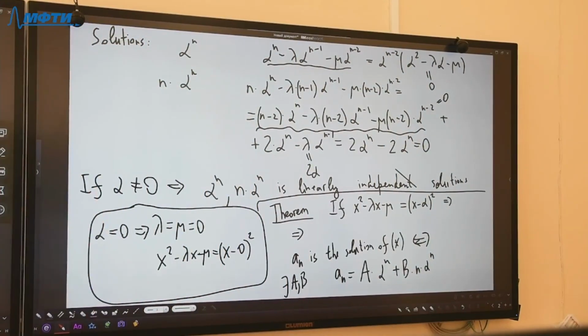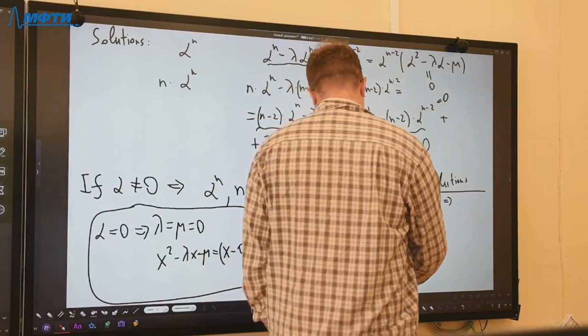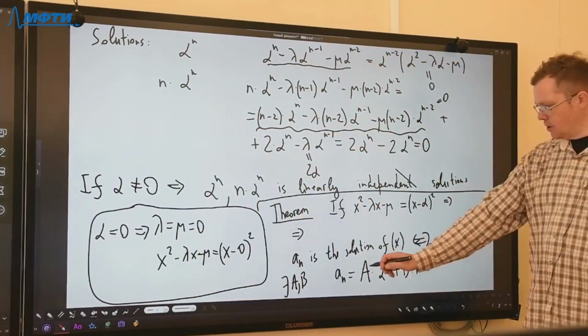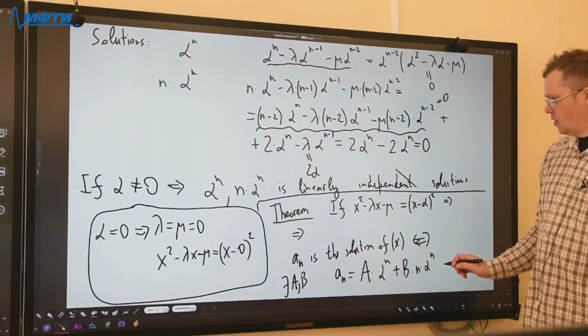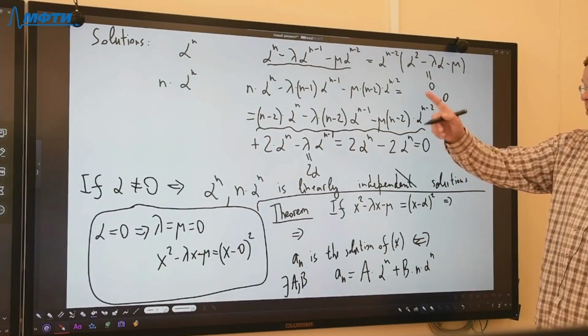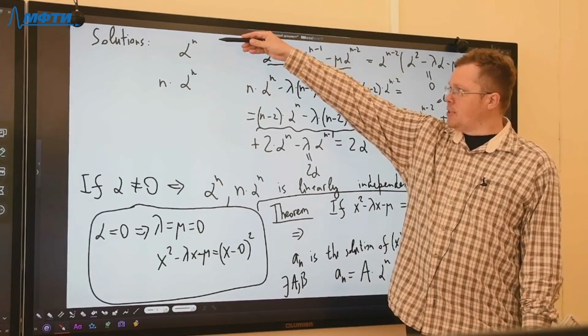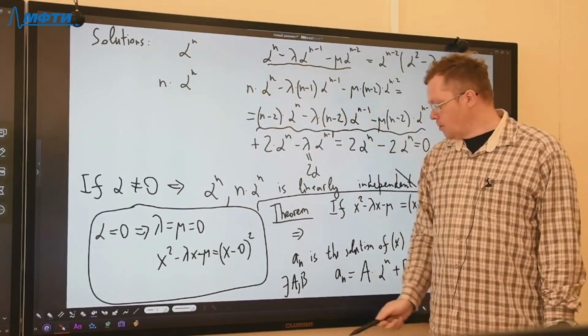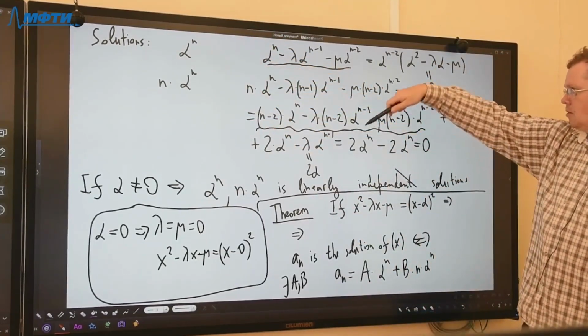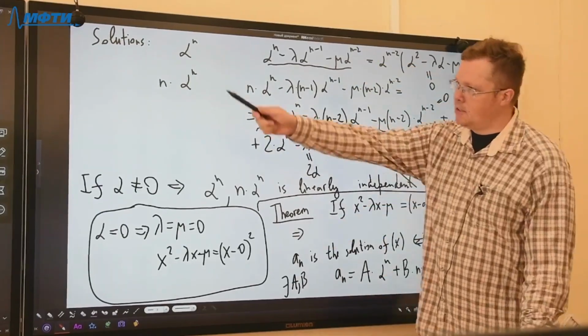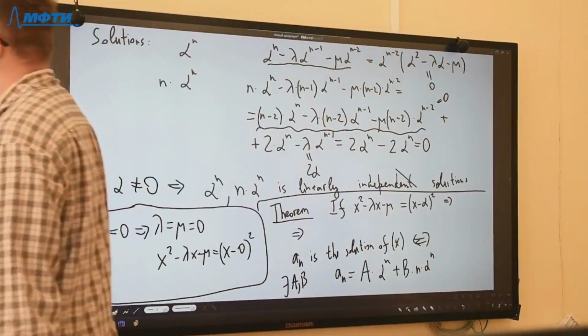And the proof is similar to the proof of the previous theorem. So I need to check that. I already checked that all these sequences are solutions of my recurrence relation. Here I check that alpha to the nth power and n times alpha to the nth power are solutions, and all linear combinations of the solutions are also solutions.